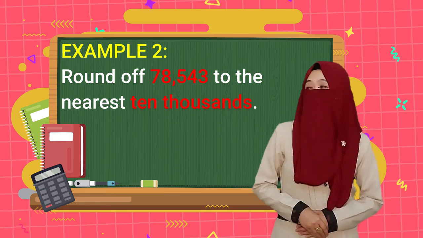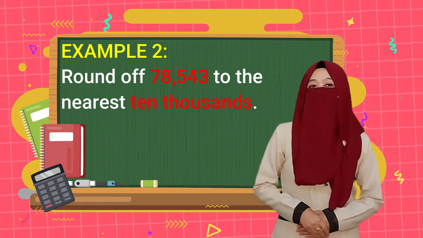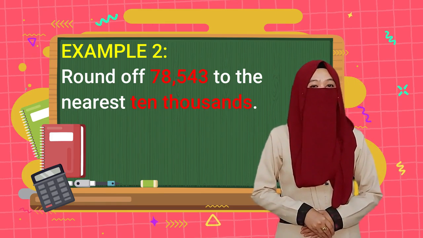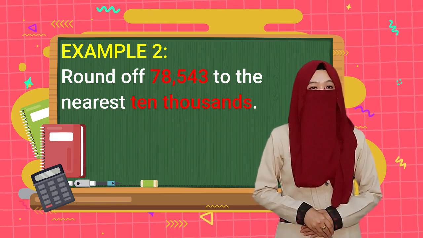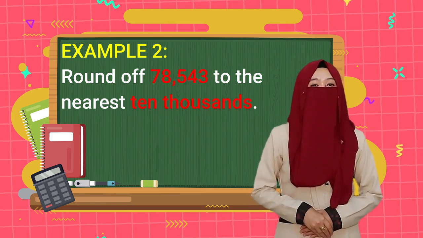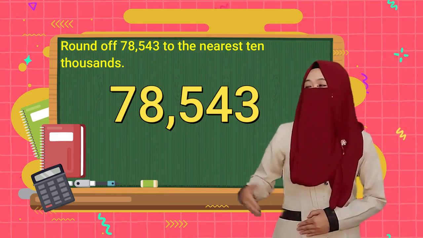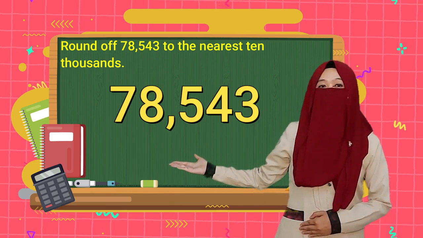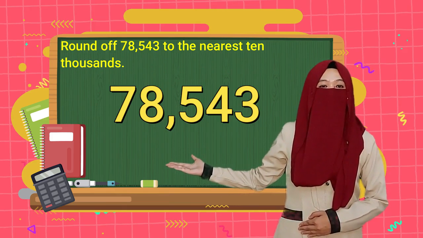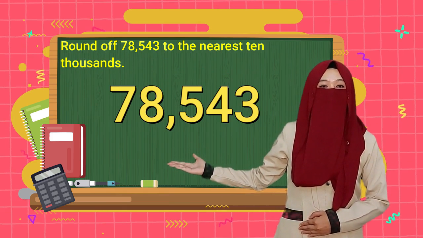Let us try another example. Round off 78,543 to the nearest 10,000. Again, we have to follow the steps of rounding off numbers. In here, we have 78,543.